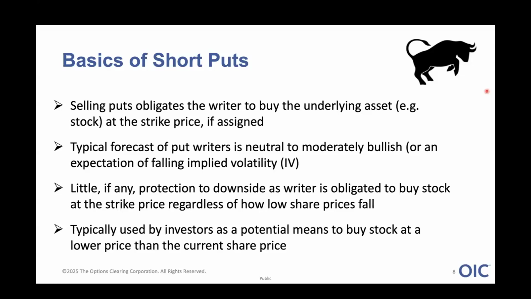If he got assigned on those puts, he was very happy because he was able to buy a block of stock at a level he was very comfortable owning it at. And if the stock never got down to that level, he kept all the premium he received when he sold those puts. So for him, it's kind of a win-win.